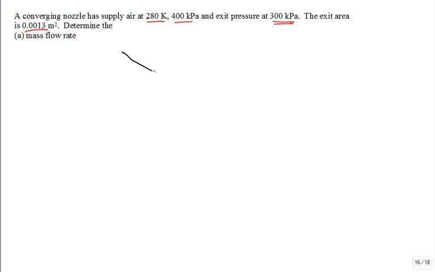I had a question like this on the last exam, and students forgot to check. They would come in with a speed which was definitely greater than the speed of sound. Can I have flow exiting a converging-only nozzle greater than the speed of sound? No, you can't. What will happen is it'll have a shock after that nozzle.